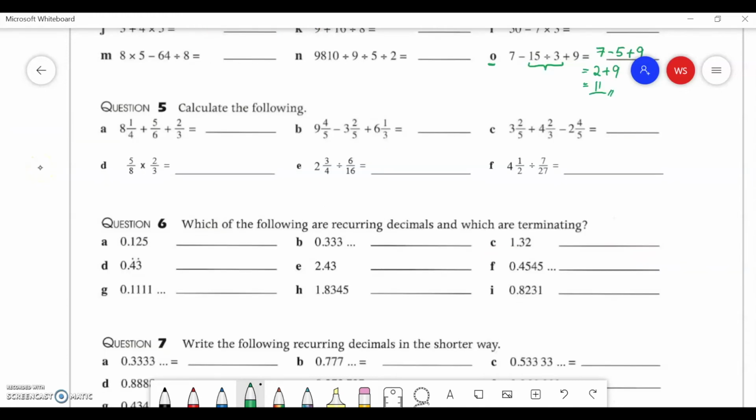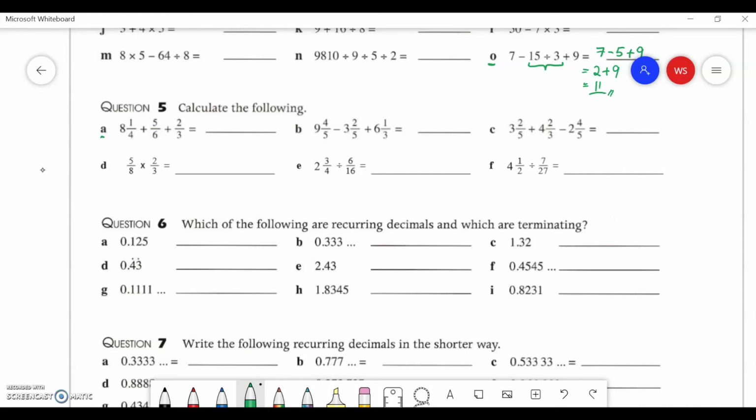Alright, question 5 is a recap on your knowledge on your operations with fractions. So let's try out 5a. We have 8 and 1/4 plus 5 over 6 plus 2 over 3. First thing, as you add or subtract any fractions, you need to make sure that they are in fractions or improper fractions, and making sure that the denominator is the same.